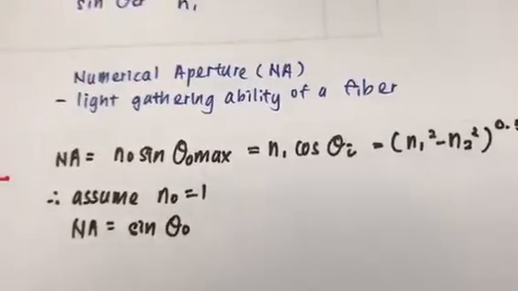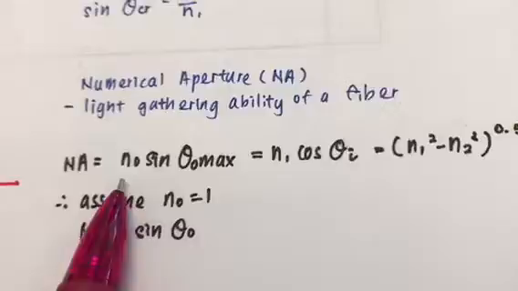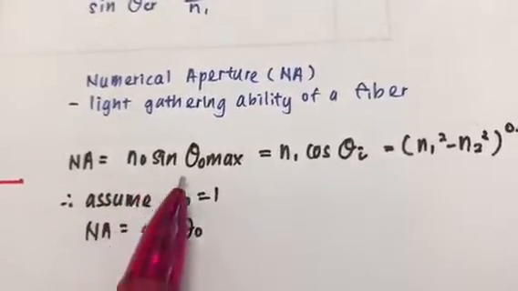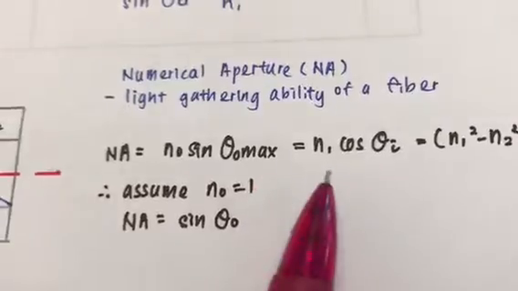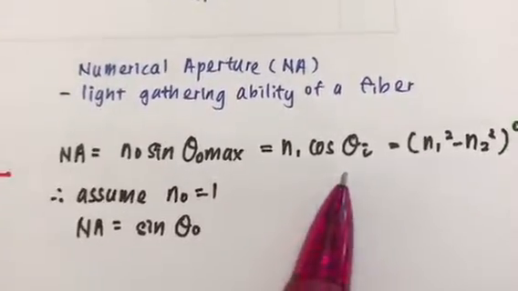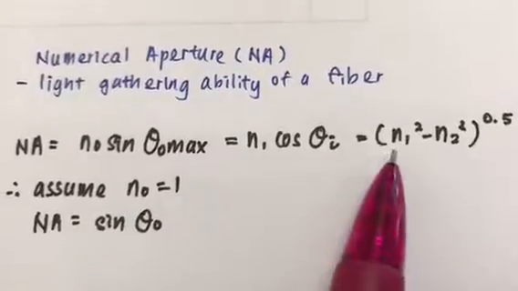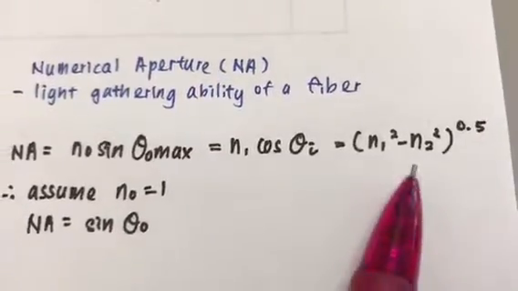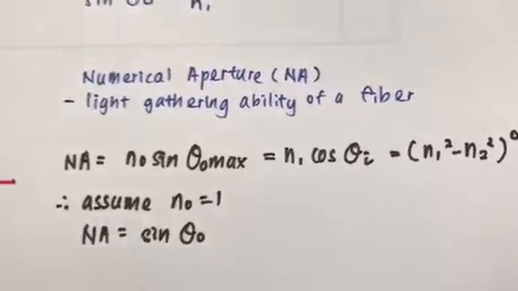To calculate the numerical aperture, we have three different formulas: N0 sine theta naught maximum, or N1 cos theta incidence, angle of incidence, or the square root of N1 squared minus N2 squared.